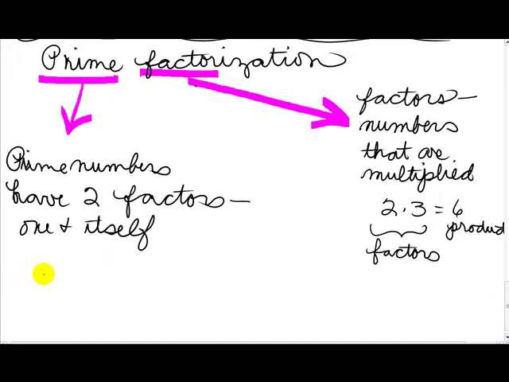So if we look at a list of prime numbers, we would start with 2. That's the only even one. The rest are odd. But not 9, because 9 is 3 times 3, and 1 times 9.